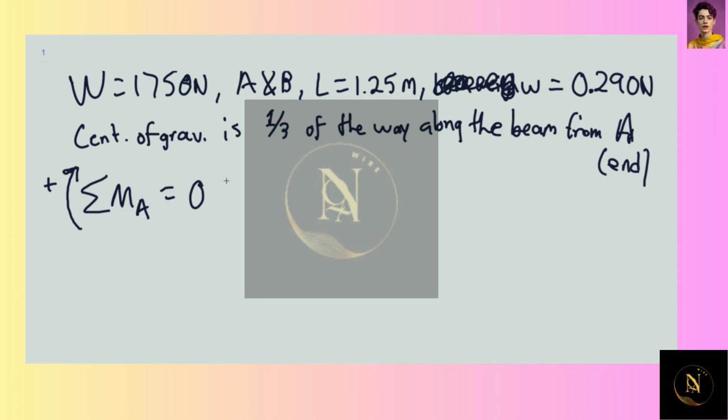We hope the two wires are supporting this beam. This equals the weight of the beam times the length of the beam over 3, because the center of gravity is 1/3 of the way from end A, plus the tension in wire B times the full length. The other end of the beam has a wire connected to it, wire B.